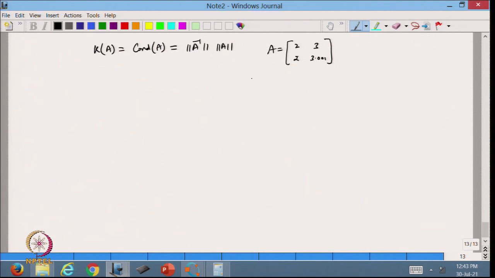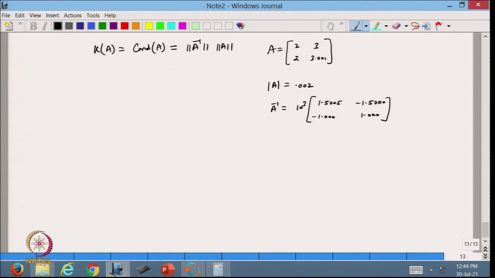If you see the determinant of this matrix, it will be 0.002, and its inverse, if you find out, is 10 raised to power 3 times 1.5005, minus 1.500, minus 1.00, and 1.00.